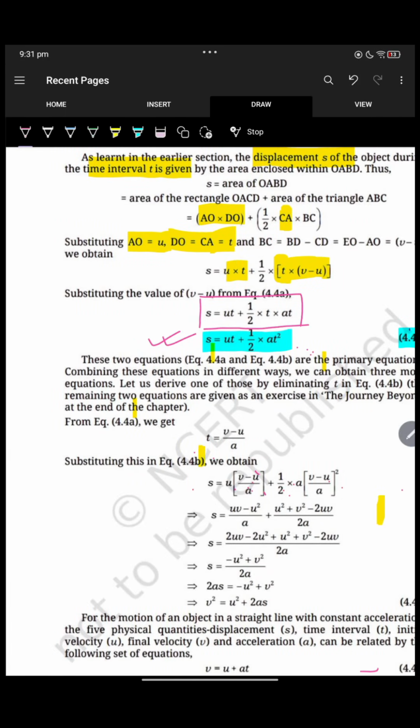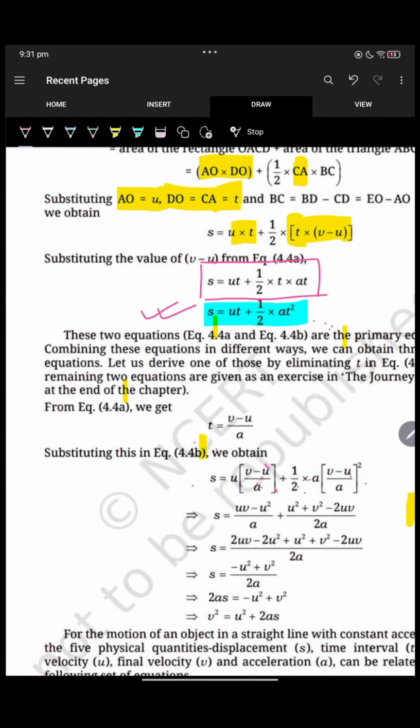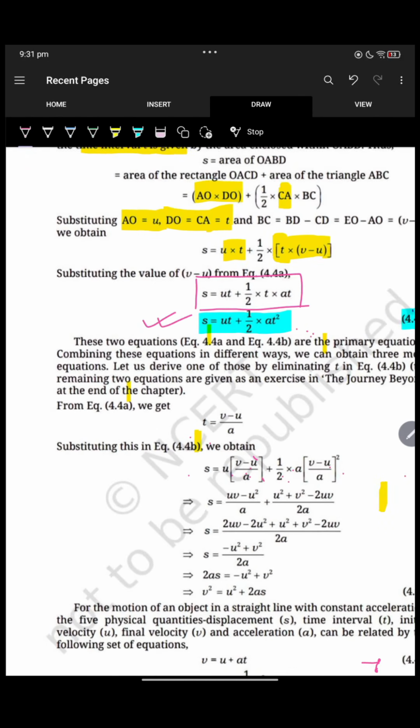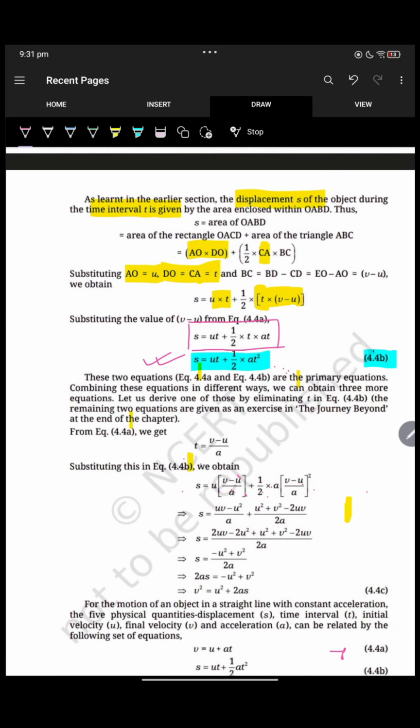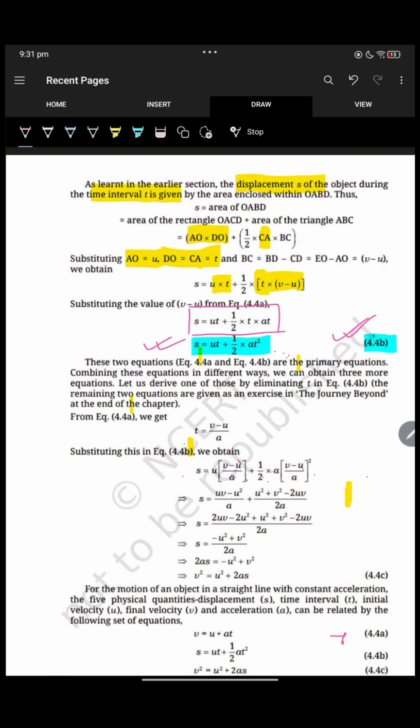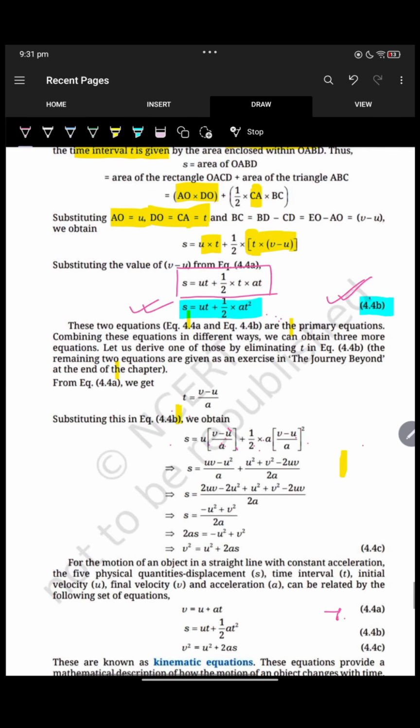So if V is equal to U plus AT, then we can say T is equal to V minus U by A. So if we get the value of T and we place it in equation 4.4b, S is equal to UT plus half AT square, then U we know, and in place of T we write V minus U by A. In the second term, T is again replaced, so we take the square of it.